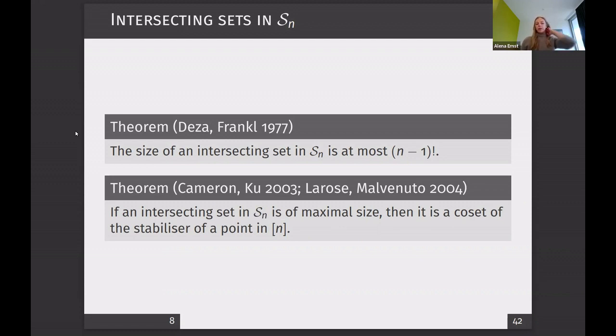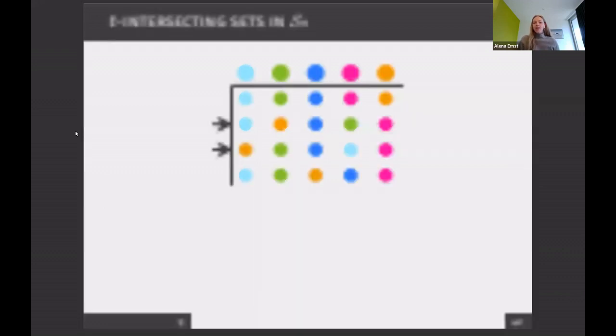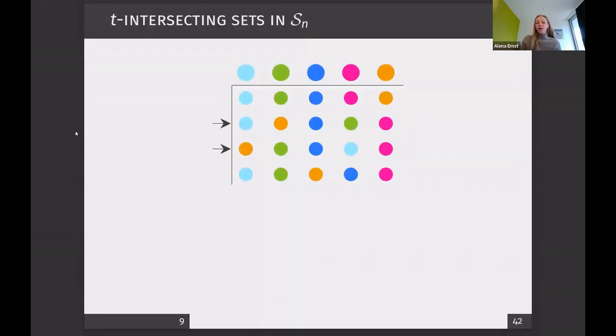Okay, which now leads us to a strengthened version, where we can not only ask for intersection at all, but for t-intersection. So what is a t-intersecting set? Now, taking two permutations of the subset, we find at least t colors on which they're equal. So in this case, both permutations are equal on blue and orange.